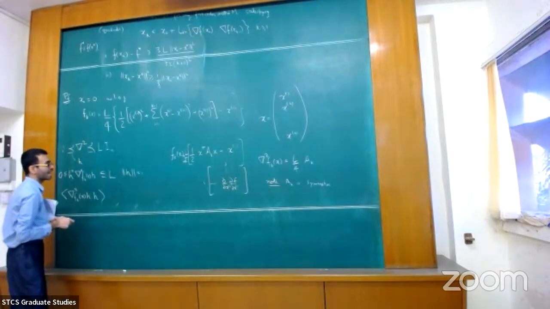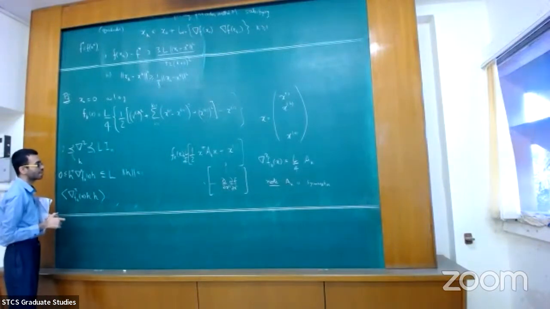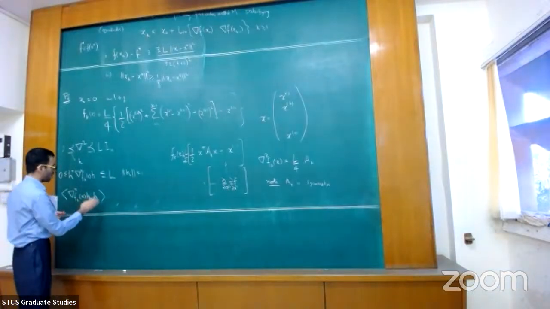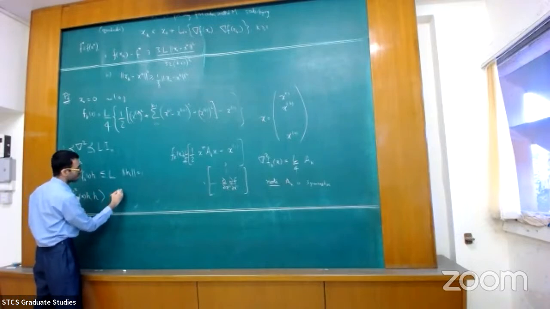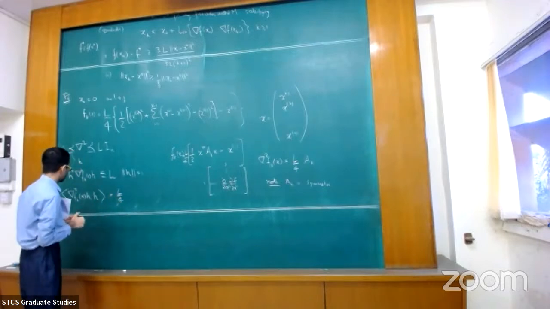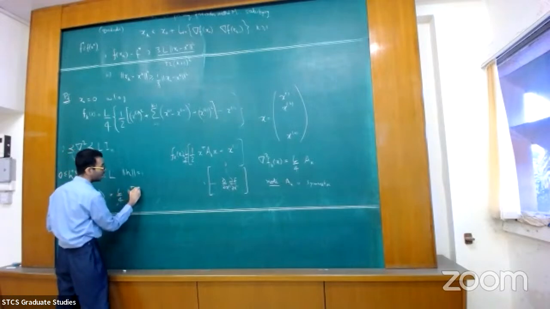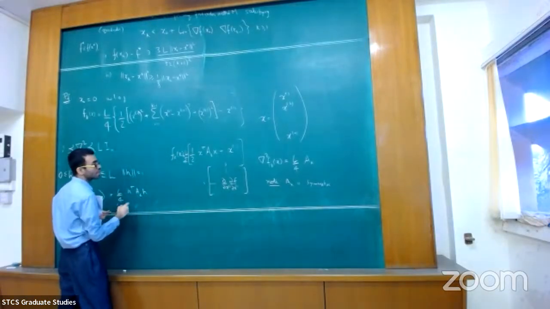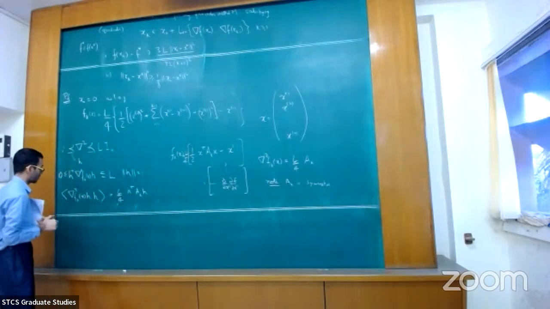Now I can write down what this should be. In fact, if you observe carefully, this will be nothing but L by 4 times h transpose Ak h. So this is what you get.